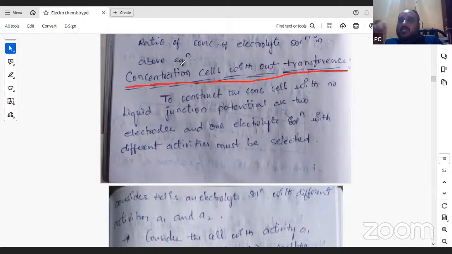Two concentrated solutions, that may be the same electrolyte or different electrolytes. Same electrolyte with different concentrations or different electrolytes. Based on our condition, we utilize sometimes the same electrolyte solution with different activities, sometimes different electrolyte solutions.